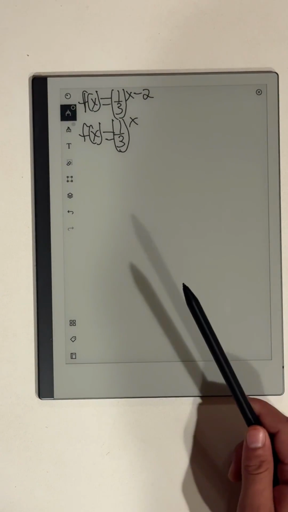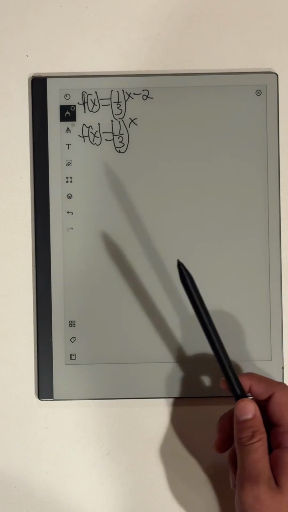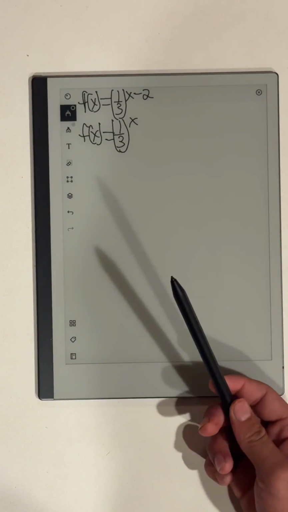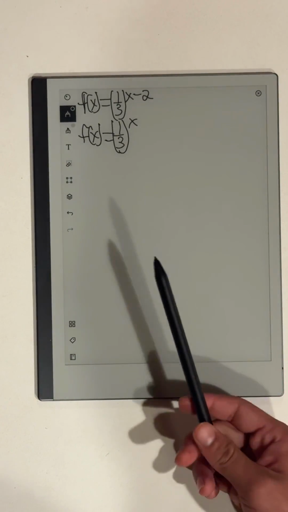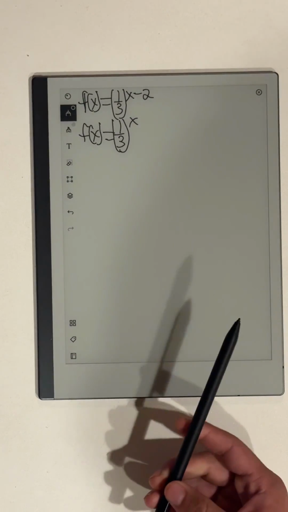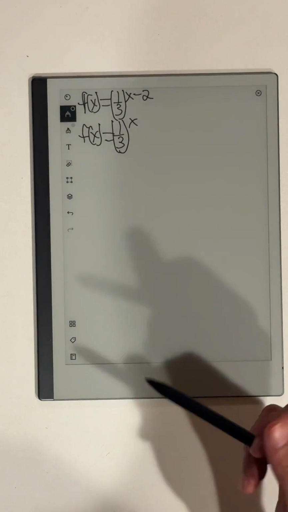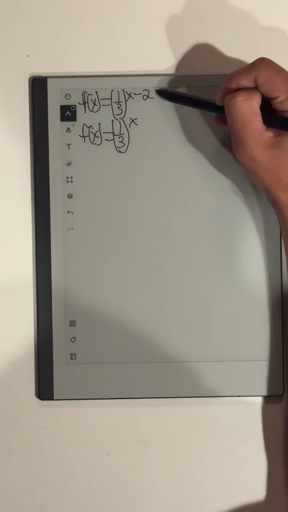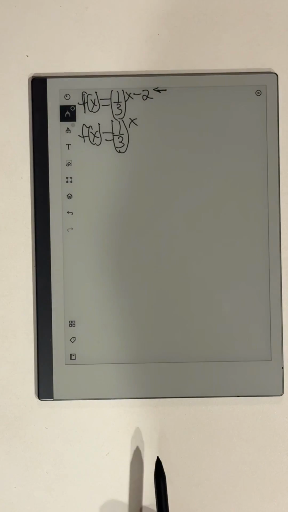So step 2, the transformation x minus 2, like I said before, means the graph is going to be shifted 2 units to the right along the x-axis. So we're going to want to identify the transformation, which is right here, x minus 2.